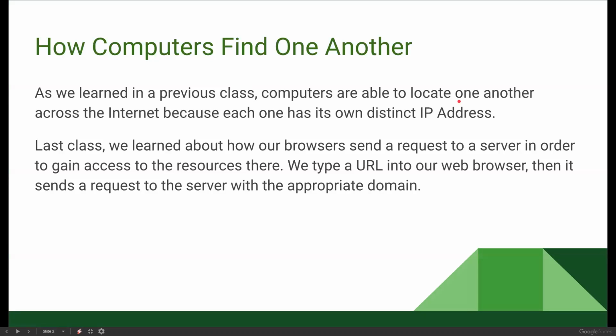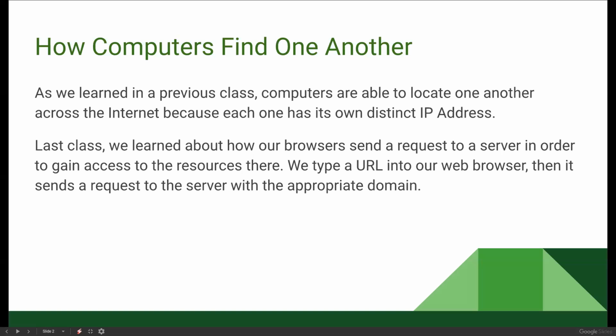All right, so in a previous class, we learned that computers are able to find one another all the way across the internet because every device has its own distinct IP address. So every computer can find any other computer if they know what their IP address is.